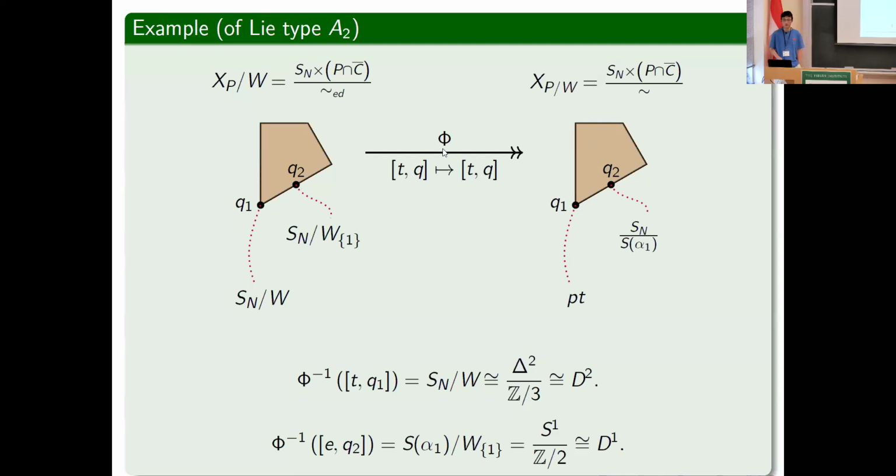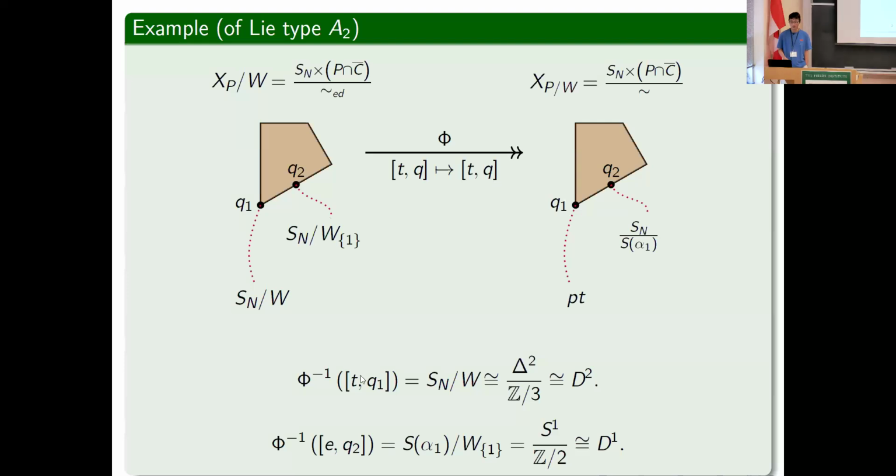And this map phi is given by this natural quotient map. It maps the torus at Q to the torus at Q. So it maps the torus at Q1 to the point at Q1, and it maps this quotient at Q2 to this quotient at Q2. We know that it is surjective. And what are those fibers? There are two examples.